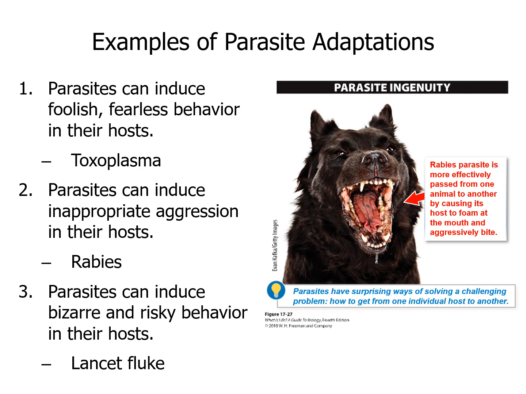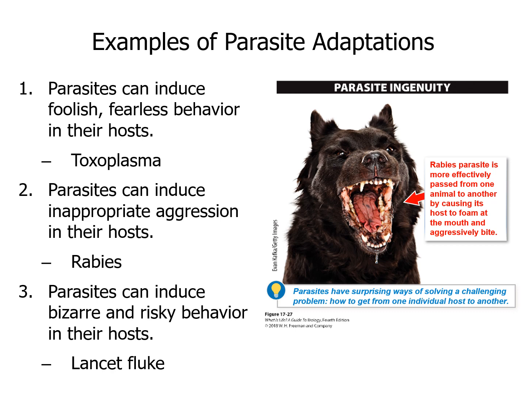The last is a parasite that causes bizarre, risky behavior, and this is the lancet fluke. And the lancet fluke is a parasitic flatworm, and he's just kind of silly.